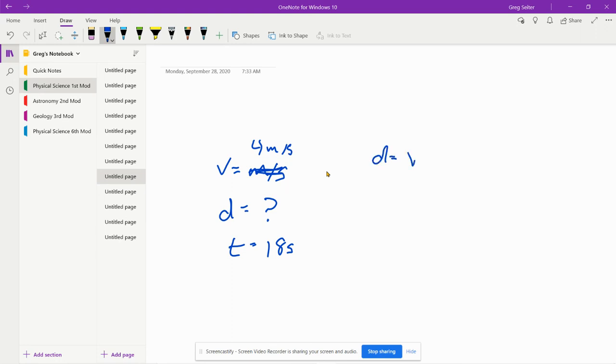D equals V times T. So D will equal 4 meters a second times 18 seconds. And these cancel out. And D will equal the answer in meters.